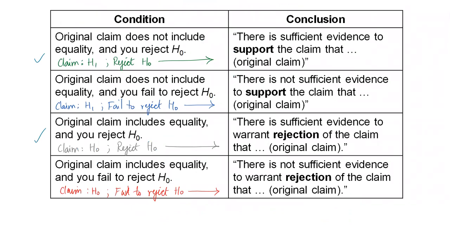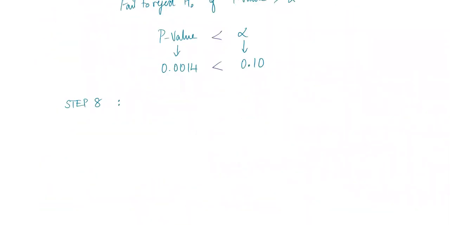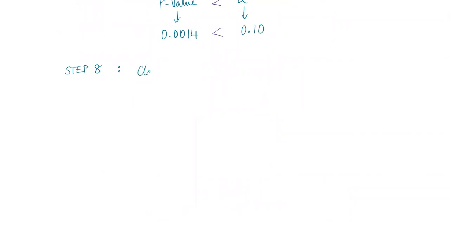So that helps us decide that if claim is in H1 and we reject H0, we have to use the first row for conclusion. There is sufficient evidence to support the claim that. So I'm going to put all these things together and say claim is in H1, and we just decided the decision was to reject H0.